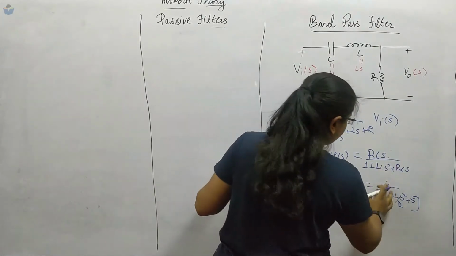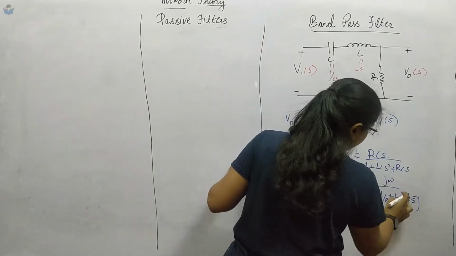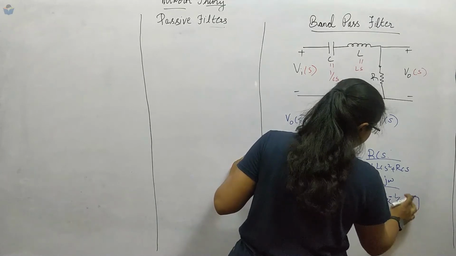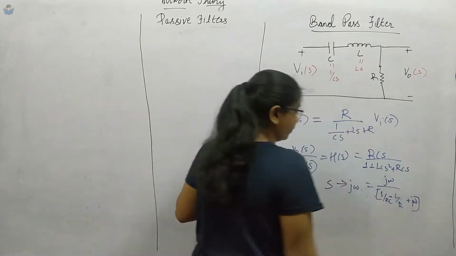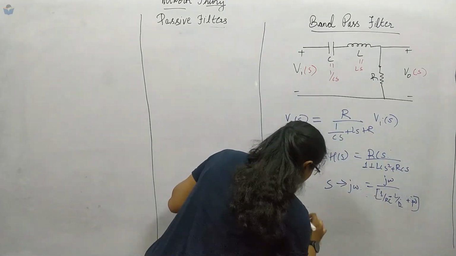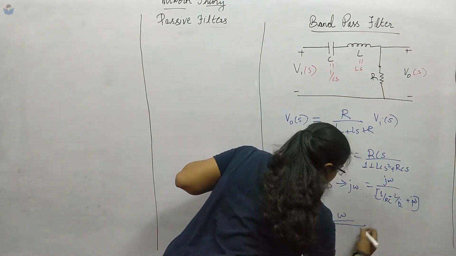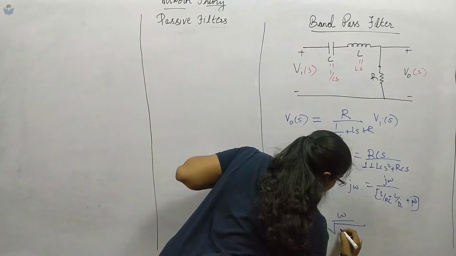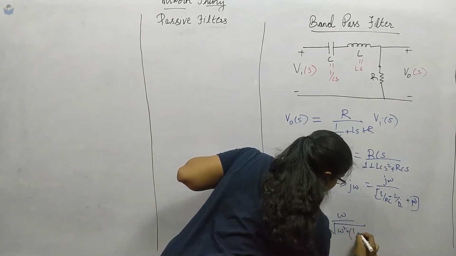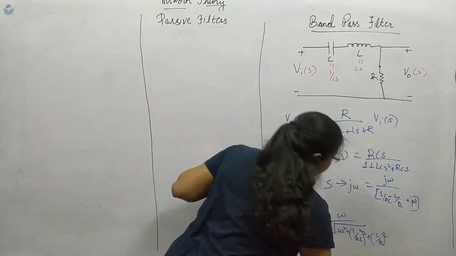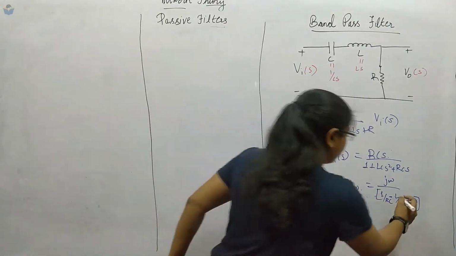Substitute J omega over here. When you take the magnitude of this one, you will get omega over the root of omega square plus 1 by RC whole square plus L by R whole square, with one more omega.